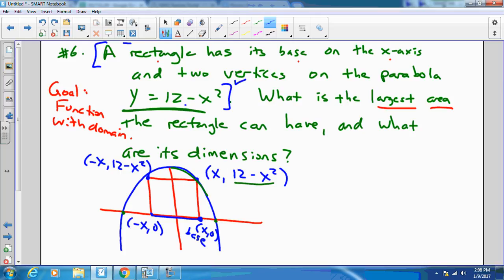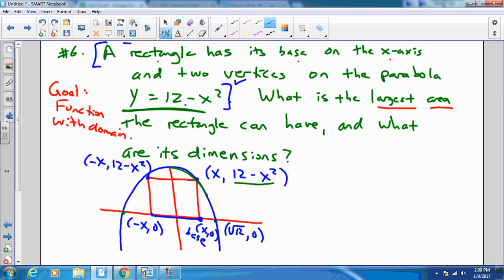But we do need a domain. And the domain is going to be found by considering the skinniest and the widest that our rectangle could be, and still be inscribed. If it is the skinniest, then x will be 0. If it is the widest, then our x-coordinate is going to intersect right here. What is the x-coordinate right there?